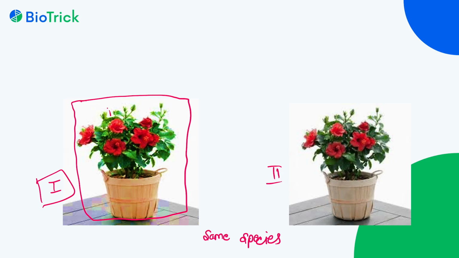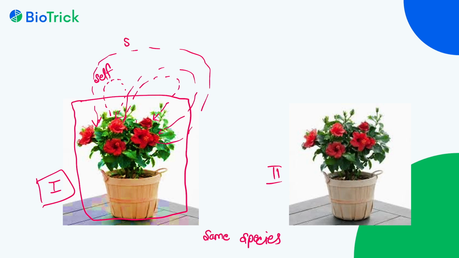If the pollination occurs in this flower only, from the anther to the stigma of the same flower, it is self-pollination. If pollination occurs from this flower to this flower, or from this flower to this flower, that is between the different flowers of the same plant, then it is termed self-pollination.